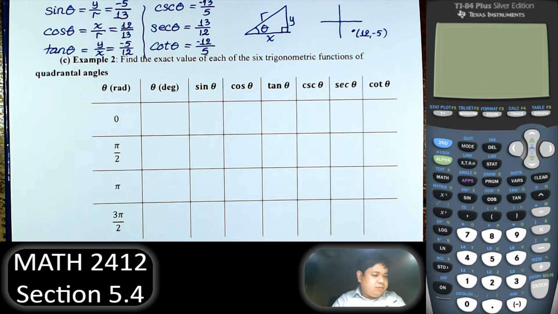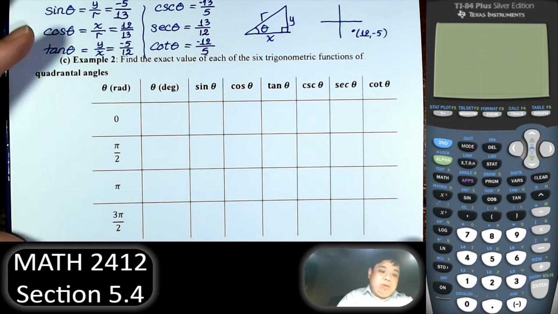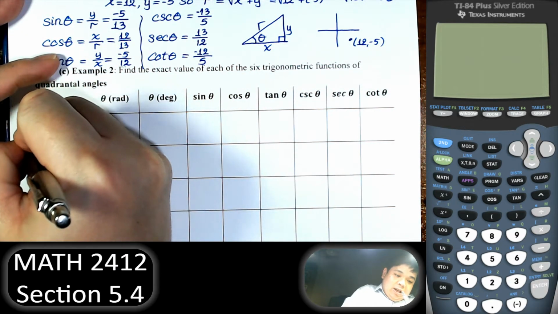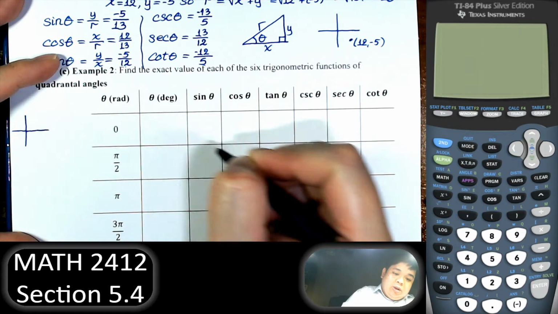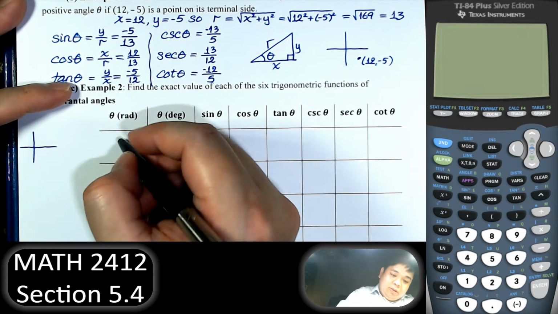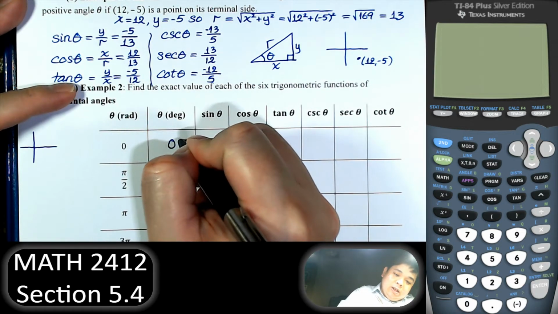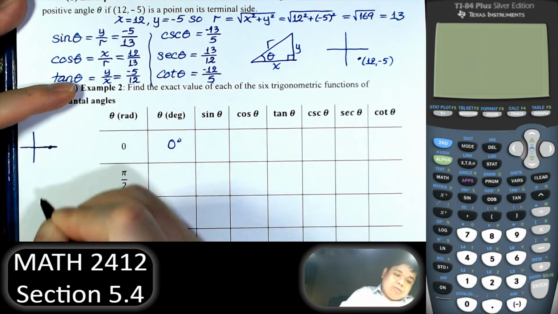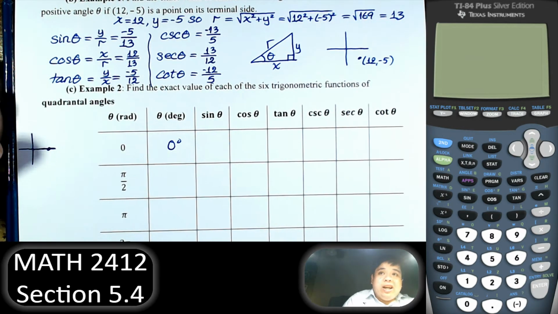Now let's find special values for 0, pi over 2, pi, and 3 pi over 2. Once again, if we have the x, y, and r, that should be easy. First, 0. If it is 0 degrees or 0 radians, the point will be right here. It does not rotate anywhere.